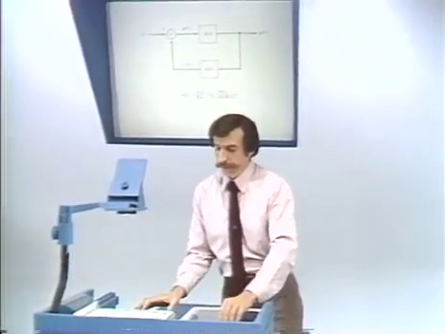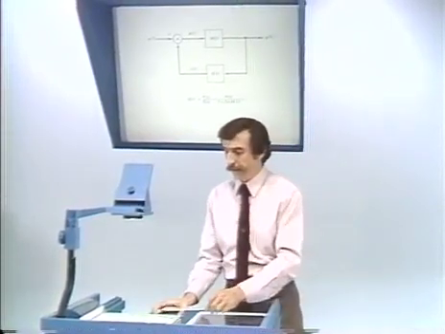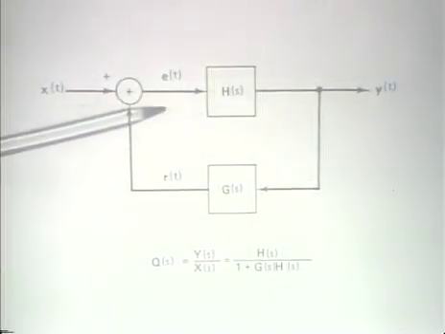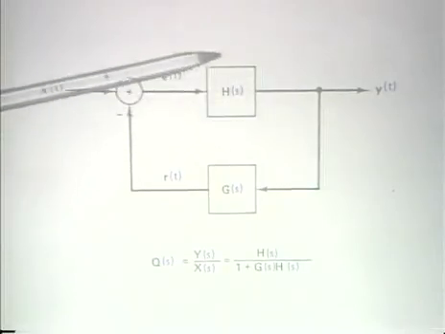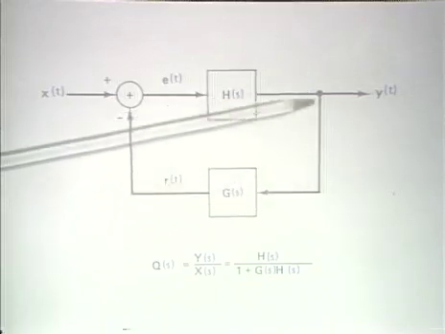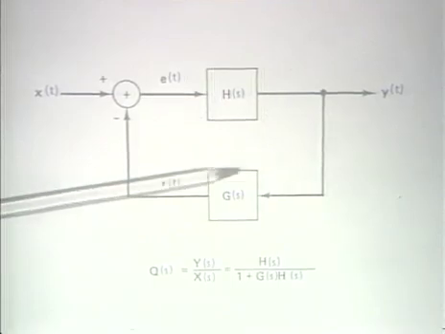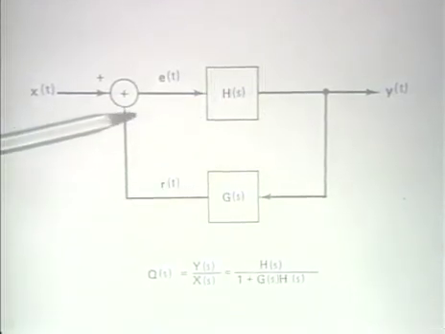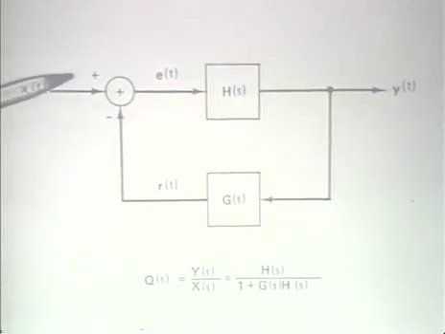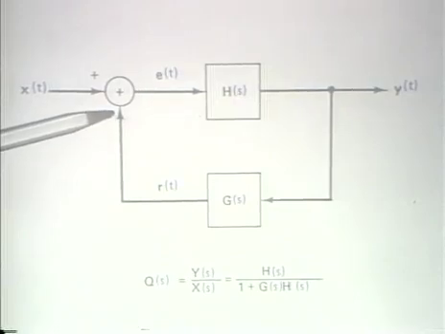And now what we've done is simply abstract out any of the applications to a fairly general system in which we have a system h of s in what's referred to as the forward path, and a system g of s in the feedback path. And the input to the system h of s is the difference between the input to the overall system and the output of the feedback loop.